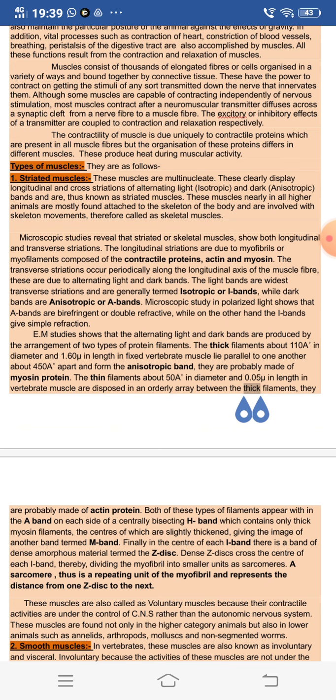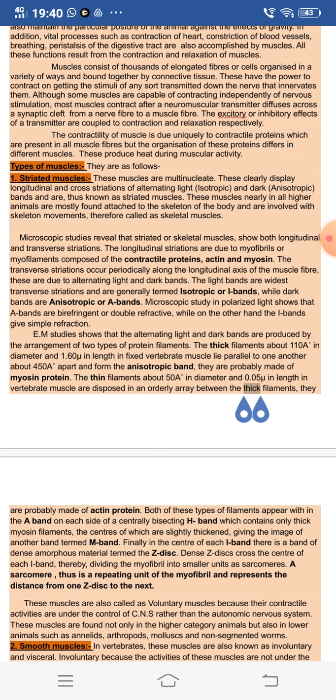The longitudinal striations are made up of the myofilaments, or they are also called the myofibrils, which are composed of the contractile proteins. With the help of these contractile proteins, the muscles can move, they can contract and relax.